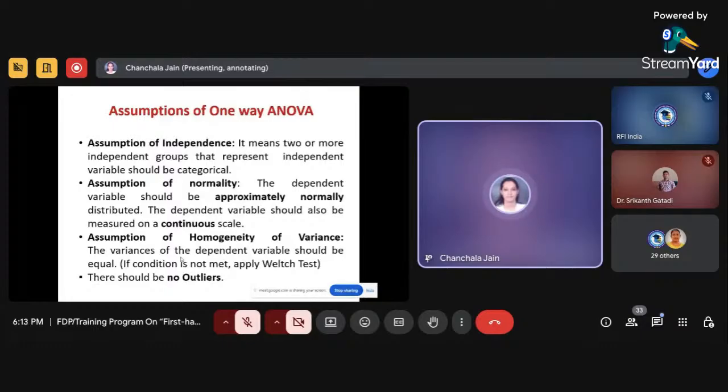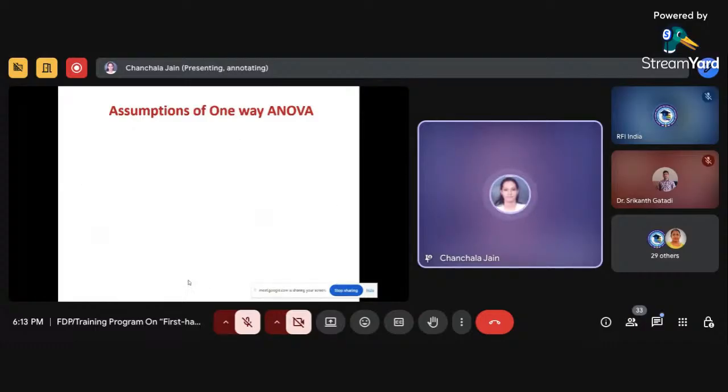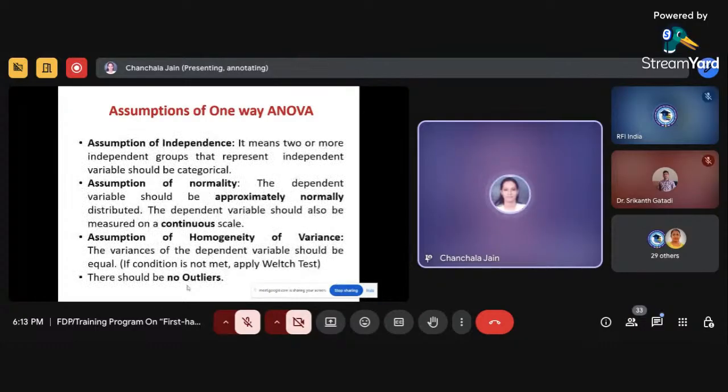Here your dependent variable should be approximately normally distributed in the groups of the independent variable. Next is the assumption of homogeneity of variance. Here the dependent variable should have the same variance in all the groups of the independent variable. And then there should be no significant outliers in the dependent variable. So these are the assumptions of one-way ANOVA. Is it clear?